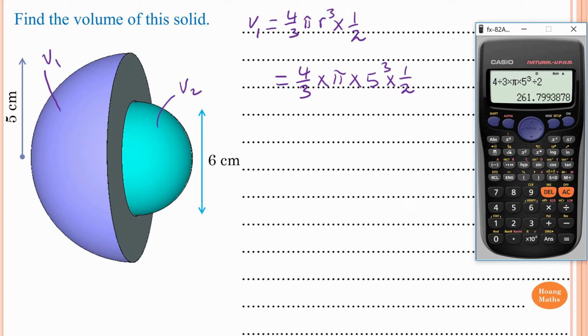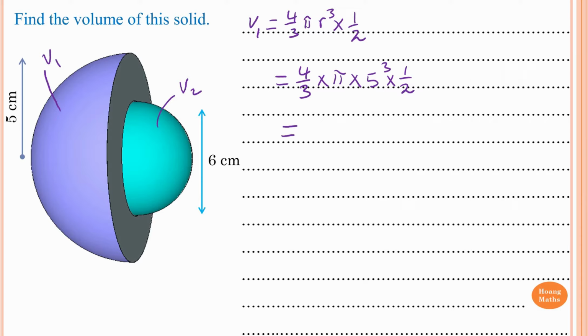So which is equal to 261.80. Let's round off to 2 decimal places first, and I store in memory A. So I just write this down, which is equal to 261.80, and then volume 2, V2, which is equal to the same process, which is 4/3 pi times the radius cubed.